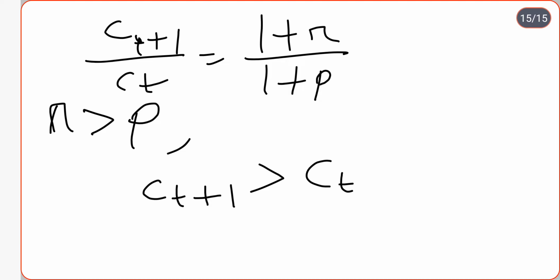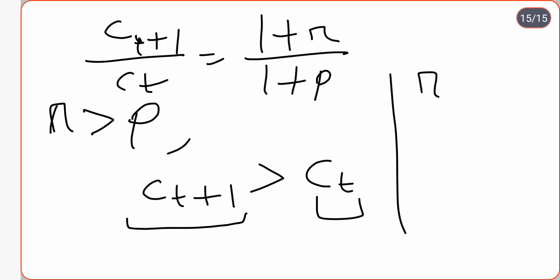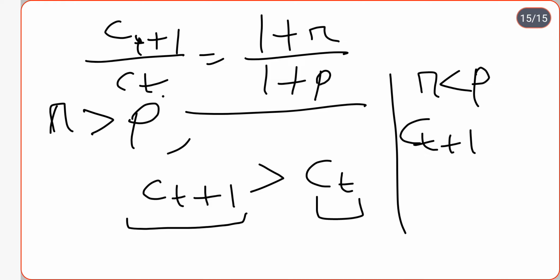That means consumption of the future period, or the t plus 1 period, will be more than the consumption of the current period. If r is smaller than rho, then from this equation we get ct plus 1 less than ct. That means current period consumption, that is t period consumption, is more than the future period consumption. So current period consumption is greater.